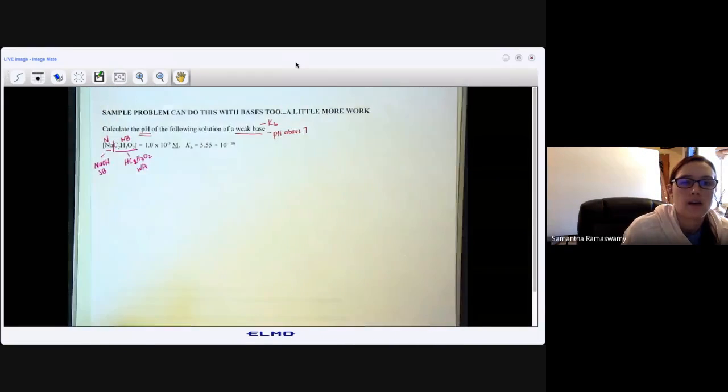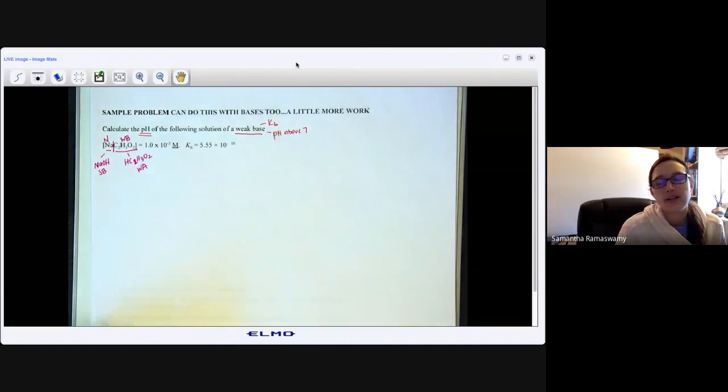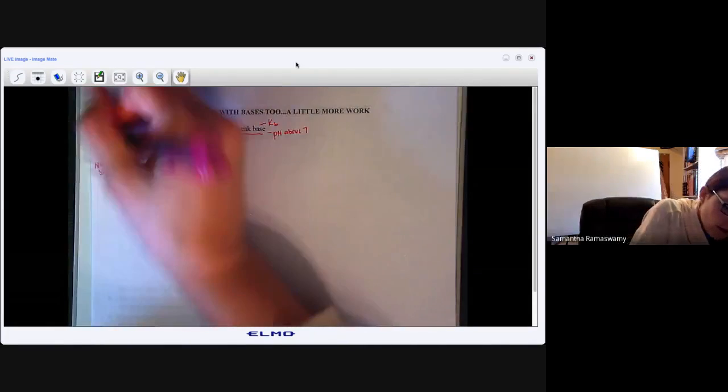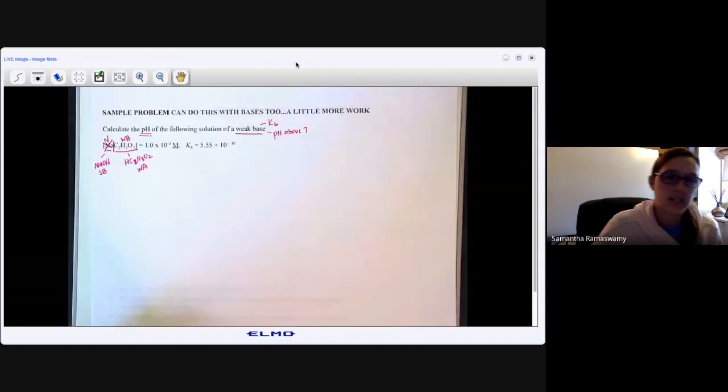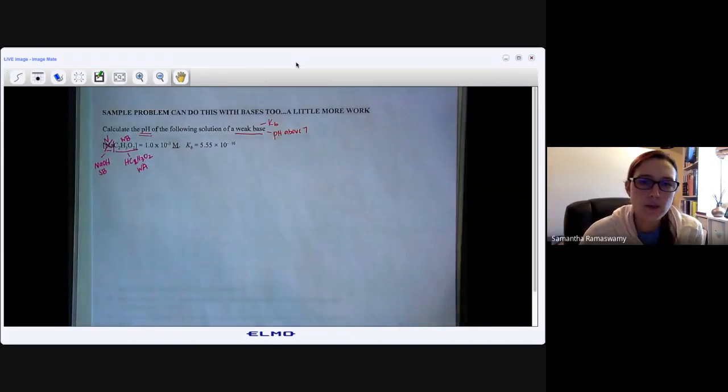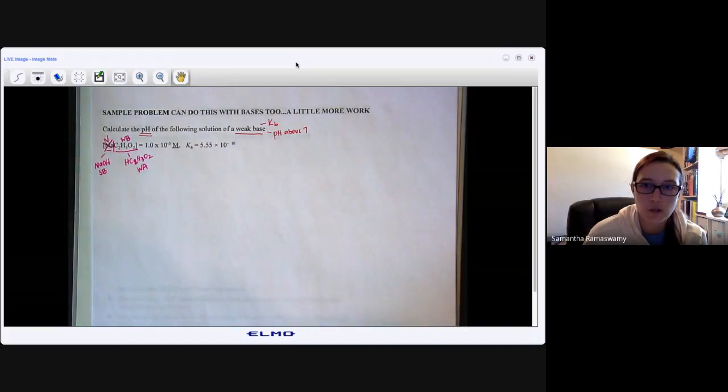So what I did with this salt is split it in half. Na+ is neutral. It's a spectator ion. When we look at the reactions that take place in acids and bases, notice that it's always net ionic. It's always ions that we're dealing with. So Na+ is a spectator ion. I'm going to completely ignore it. It's neutral. It doesn't affect the pH at all.